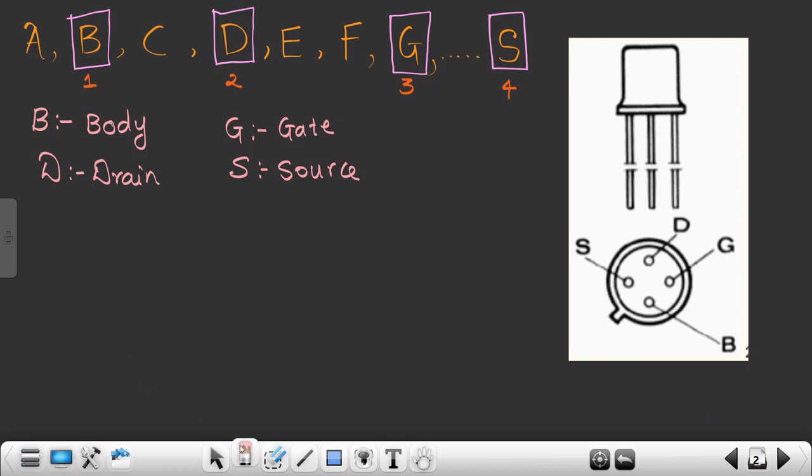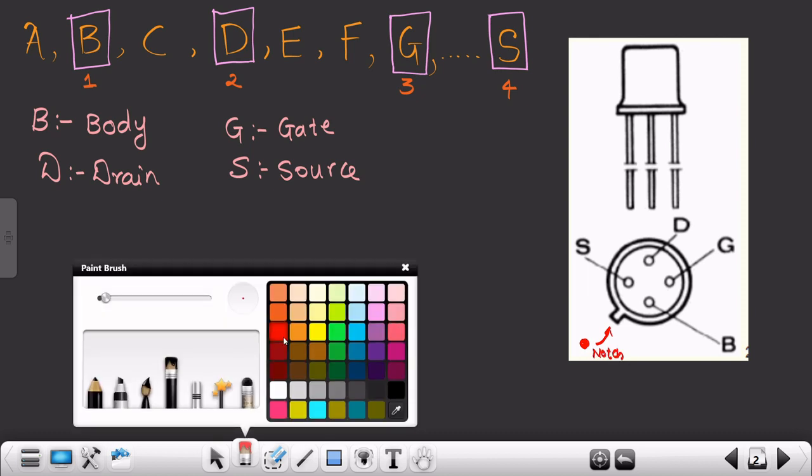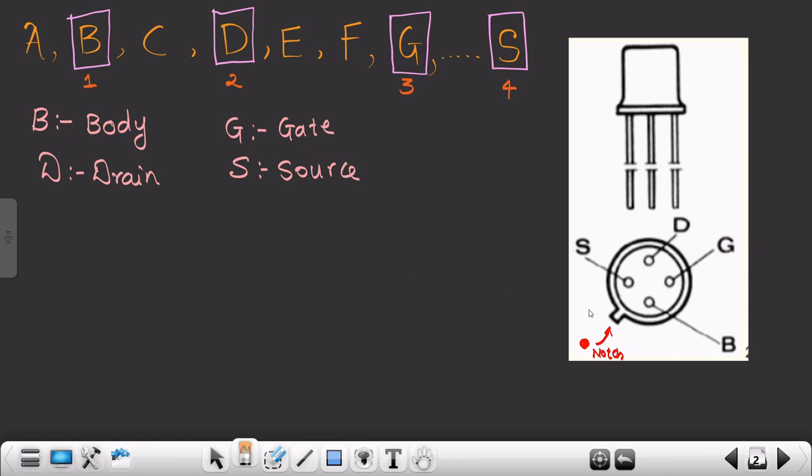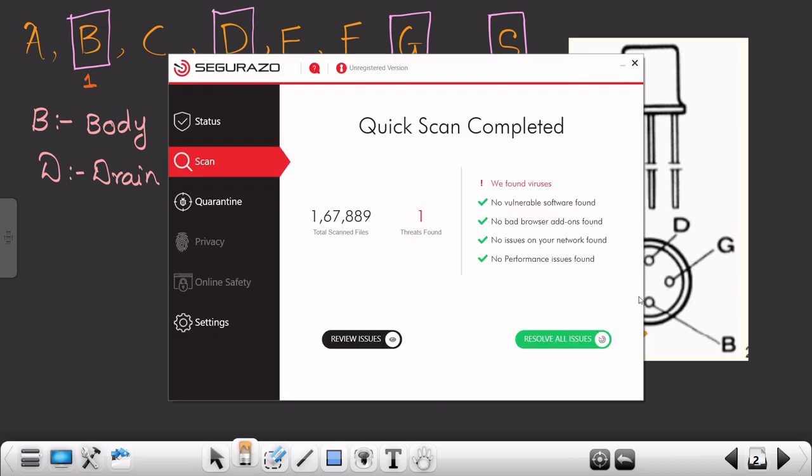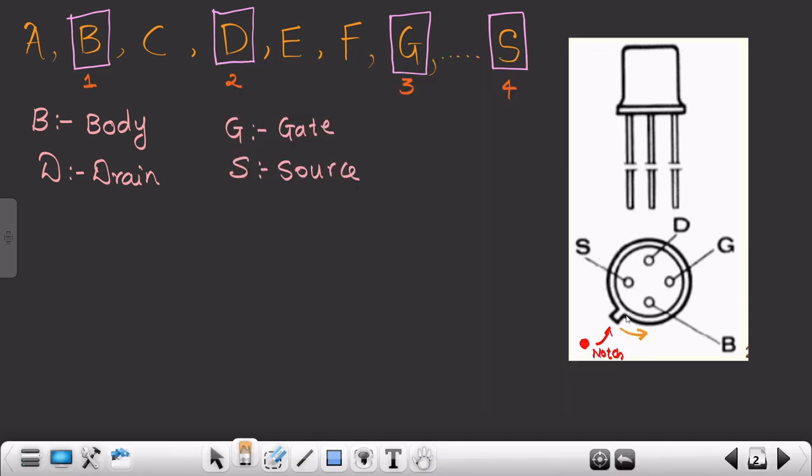All right, so let me draw certain things over here. If this is me, and this is the notch, and the notch is pointing towards me. As soon as I identify the notch, I will move to the right side of the notch, and I will encounter the very first alphabet, that is B. And we all know what B is.